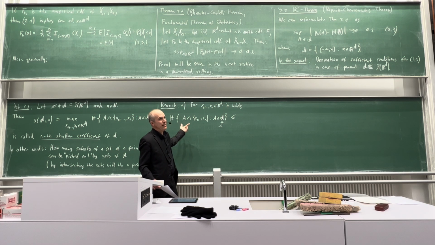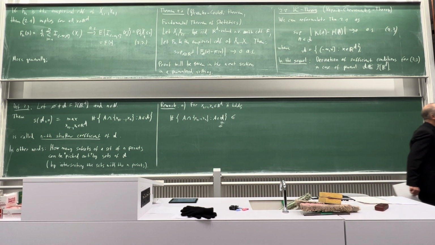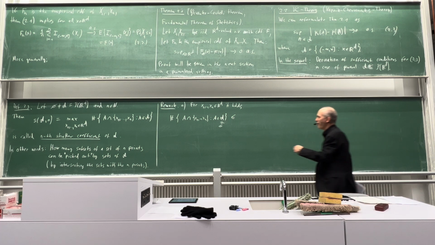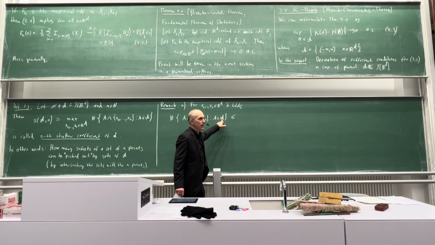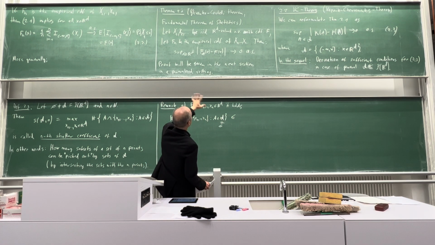But this is a set of sets, and I want to know how many sets are there, and you have at least one. What I don't want to have is that this calligraphic A is the empty set, but that was something which I somehow implicitly wrote already.